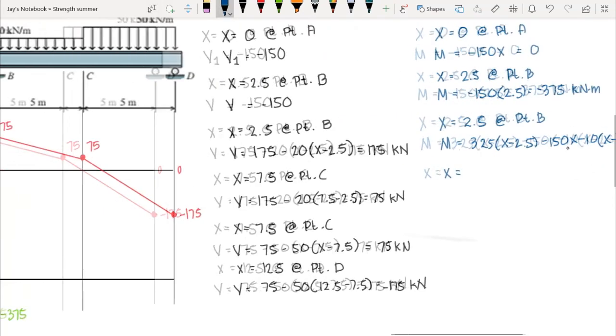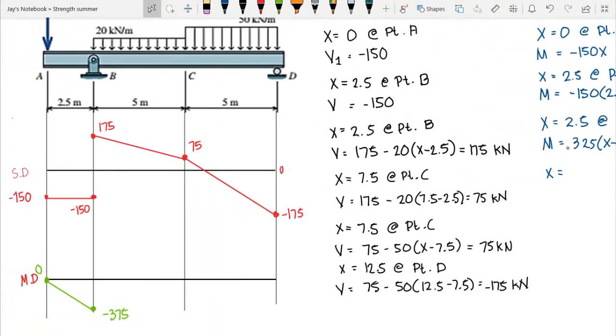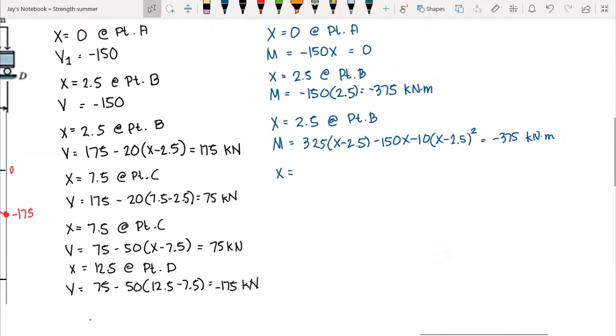So since that is negative 375, we will not be moving our point. So we are still at this point. Now at point C, we have x equals 7.5. We have the same moment equation, but our x there is 7.5.